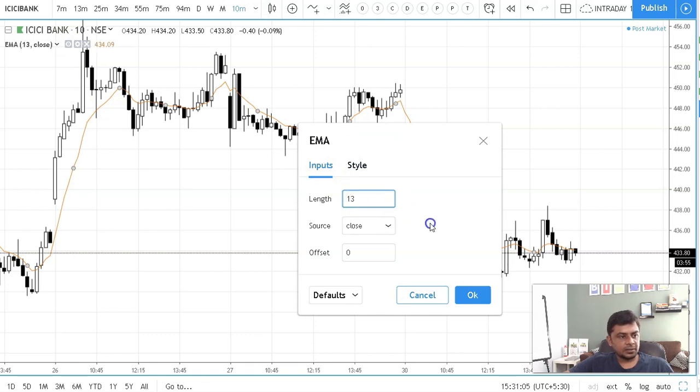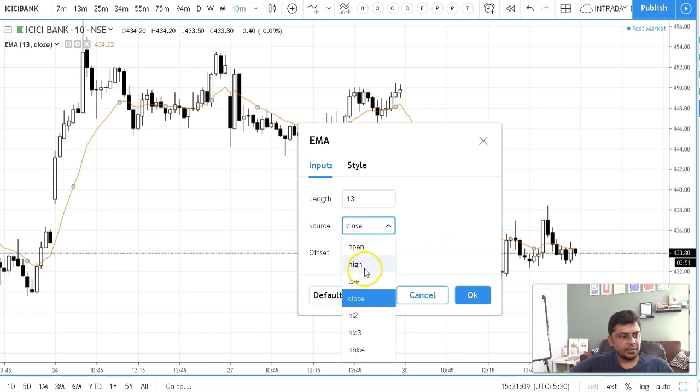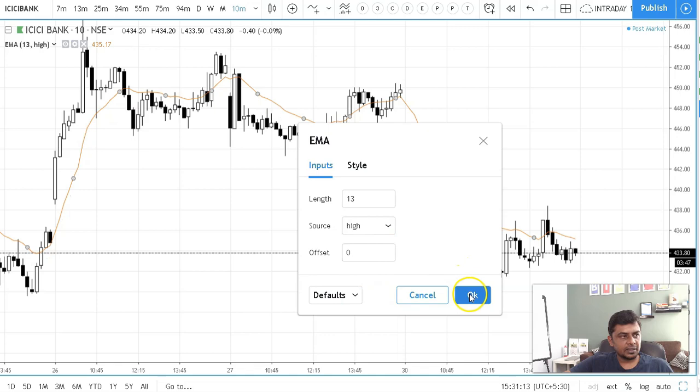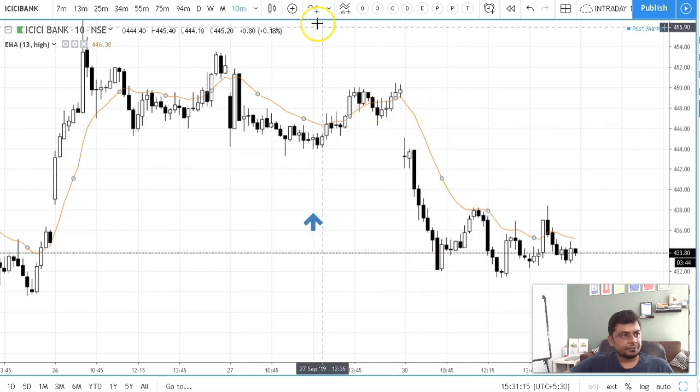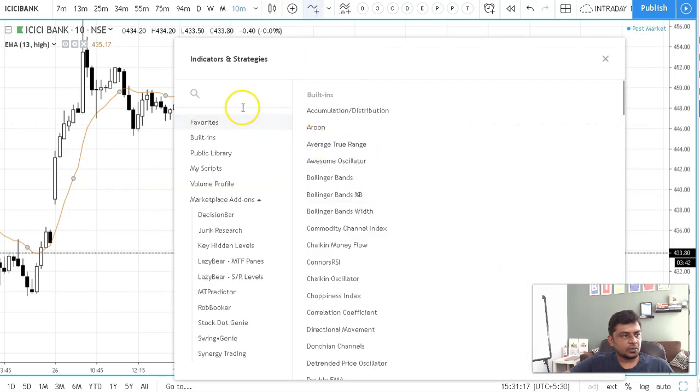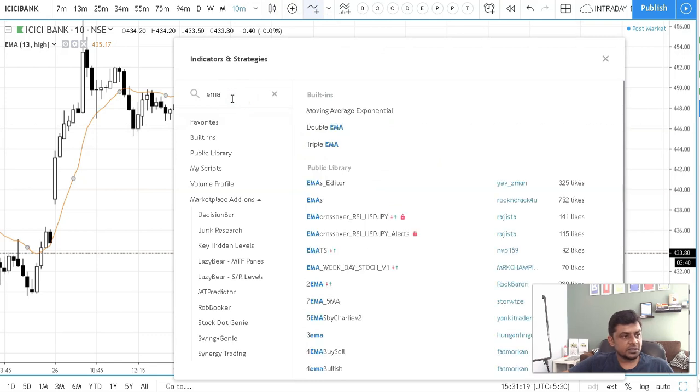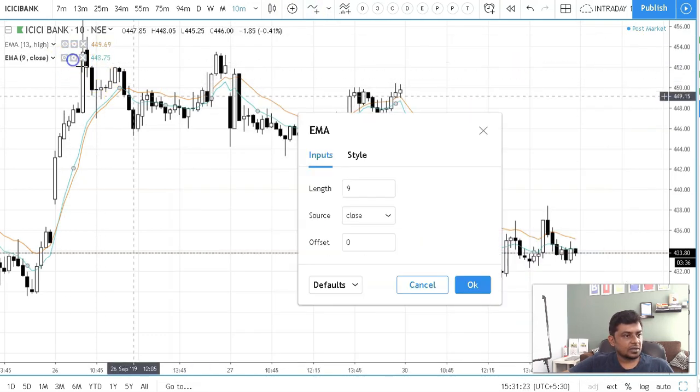And 13, and you need to make it as a band instead of a moving average. You need to make it as a band of high, and you need to make one more moving average, and this should be of the low.